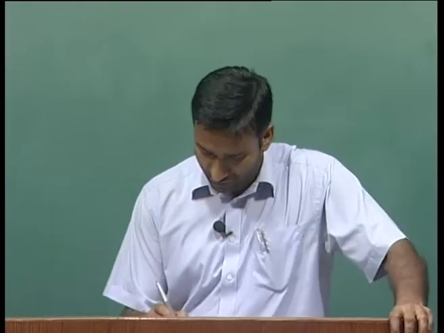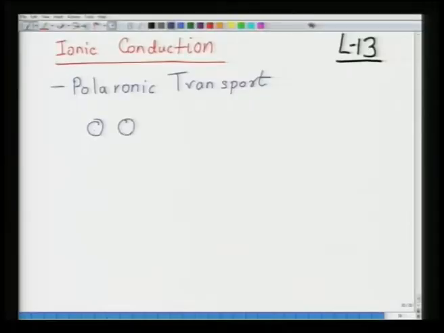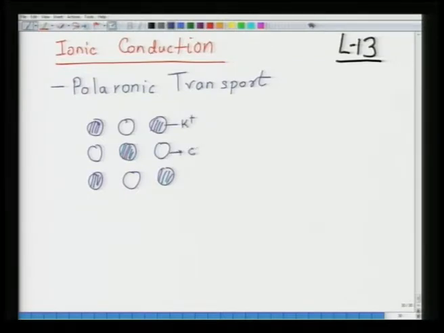Now, how? Suppose you have a lattice like this. Suppose this is one type of ion, and this is another type of ion. Let us say this is K plus, and this is Cl minus.